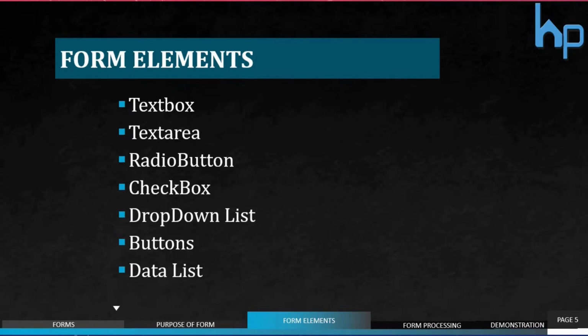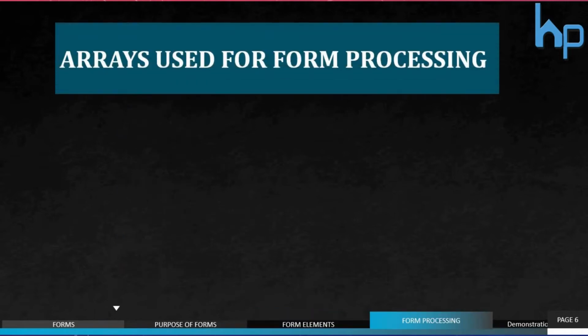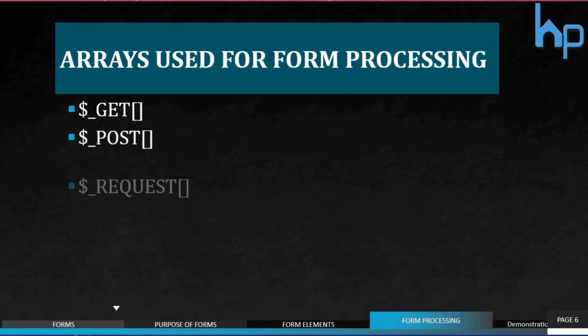Let's move on to the arrays which are used to process these form elements in PHP, right? So in PHP we have 3 arrays using which we can process the form elements. The first one is $_GET, another one is $_POST, another one is $_REQUEST.